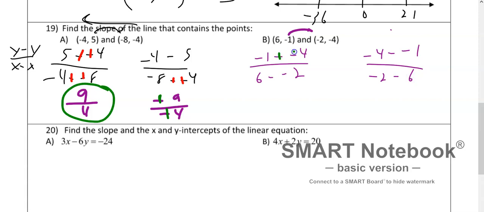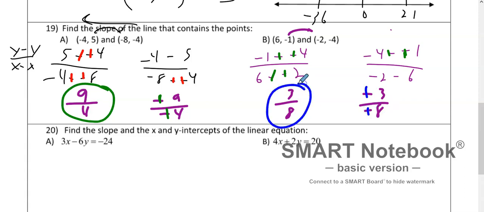So I'm going to come through and make all of these plus and come back and do the problem. So over here, 4 minus 1 is 3, and 6 plus 2 is 8. Over here, 1 minus 4 is negative 3, and this would be negative 8. But again, what happens here? Still positive 3/8.